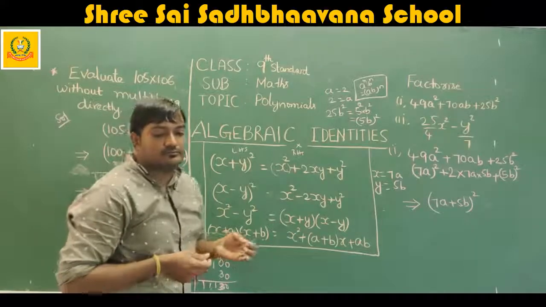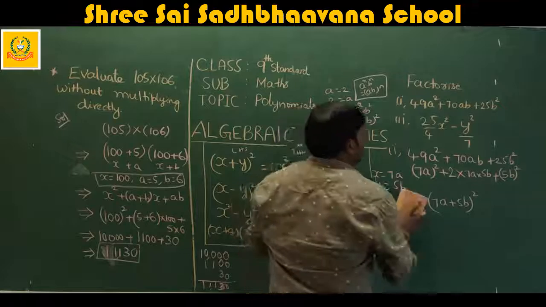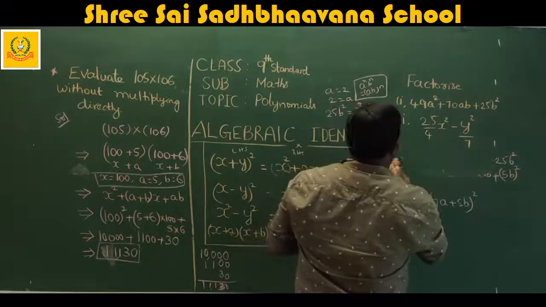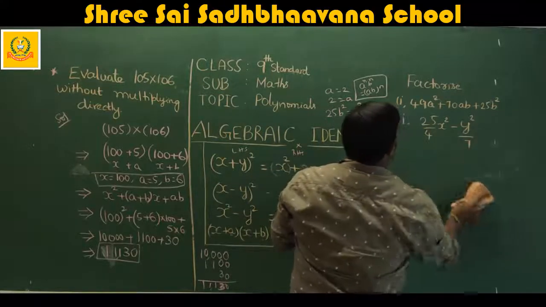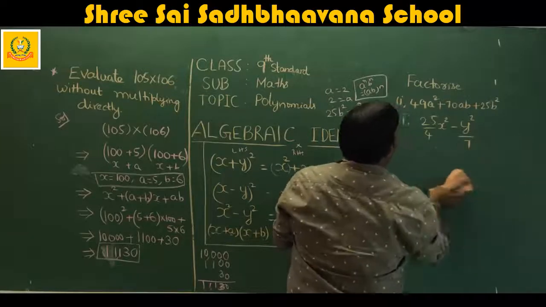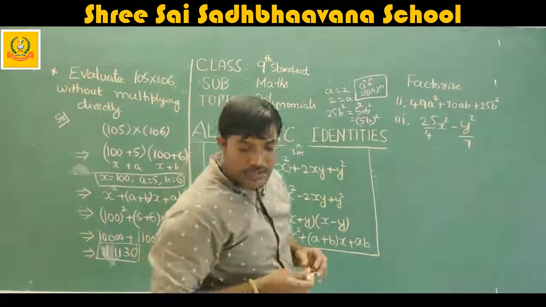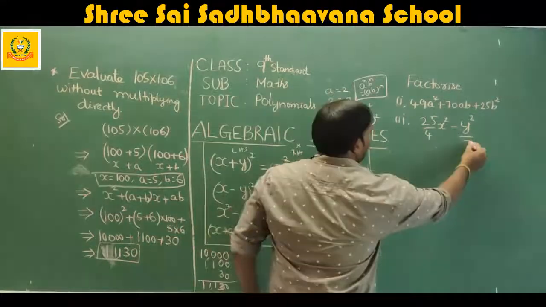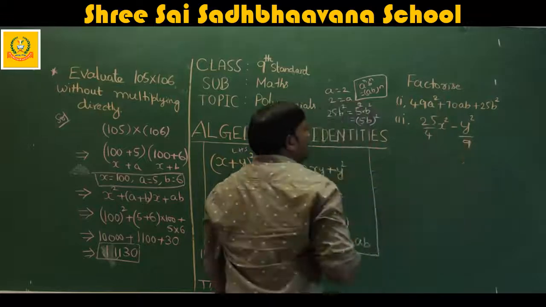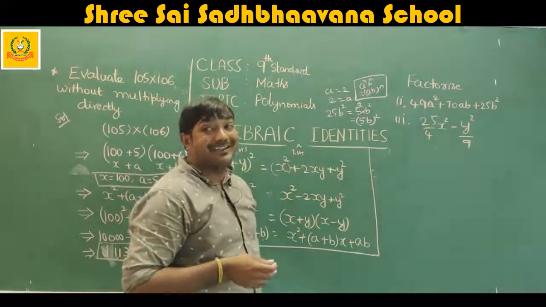Got it? Okay. Next I consider the next sum: 25 by 4 x square minus y square by 9. Let me check, it is 9 actually, y square by 9.